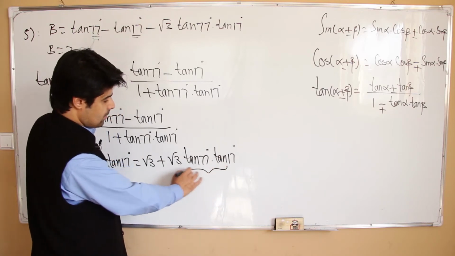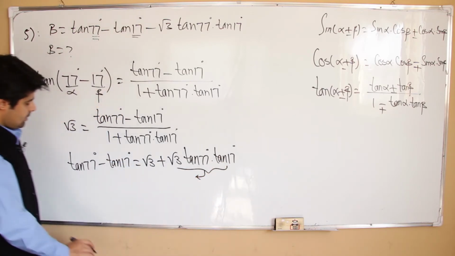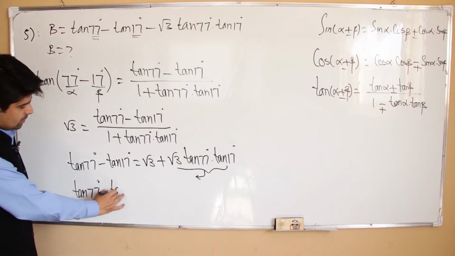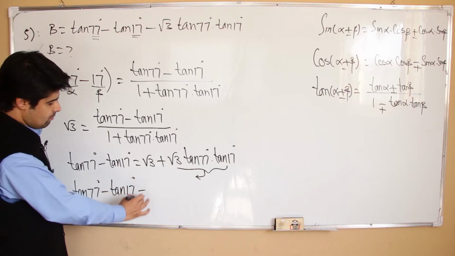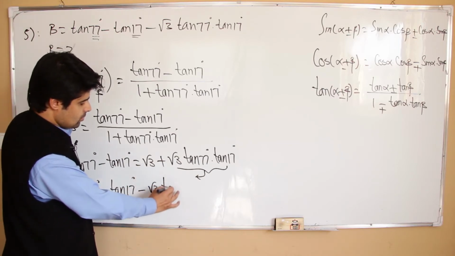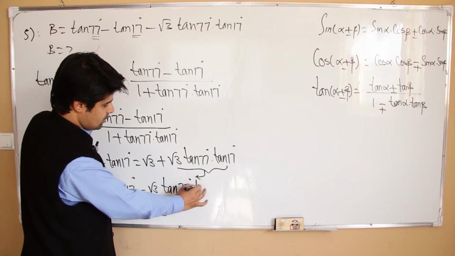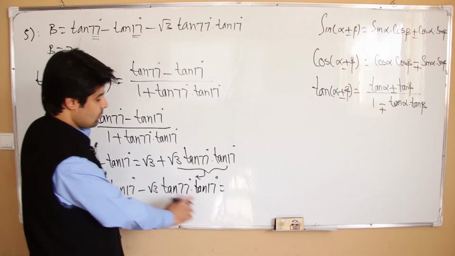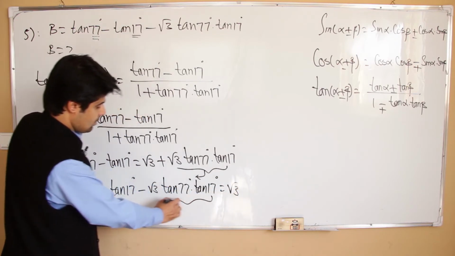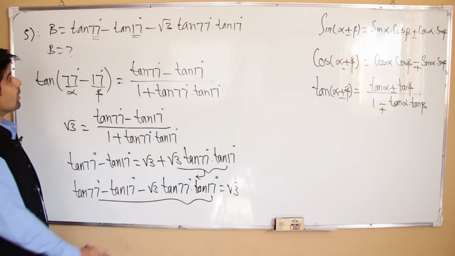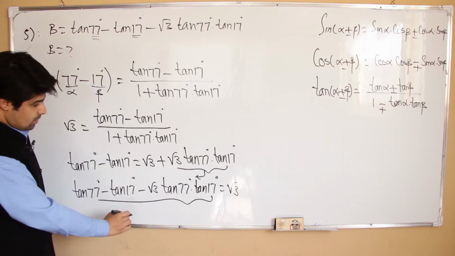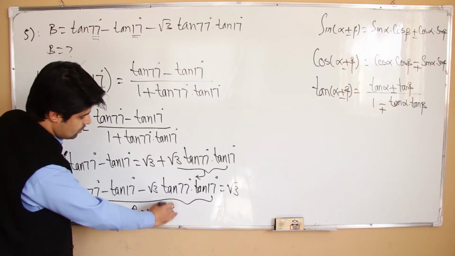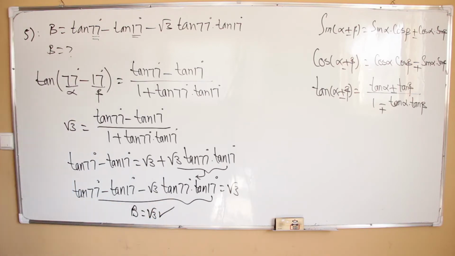If I put this side in the left side, you would have tangent 77 minus tangent 17 degree minus root 3 tangent 77 times tangent 17. And what do you have in the right side? You have root 3. Now, what do you think this one is? It is our question. Our question is B. So B is root 3. Write it please.